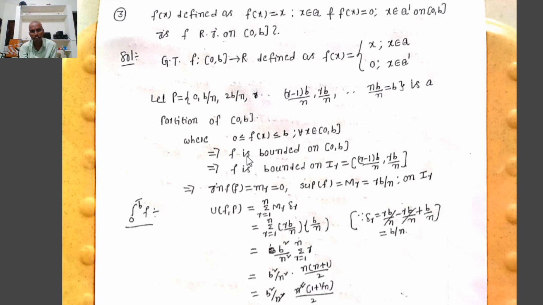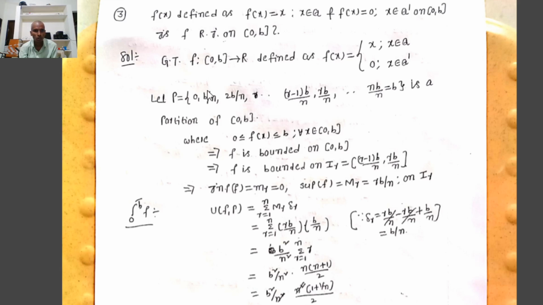The least value is 0, the greatest value is b. That implies all the images of f(x) lie between 0 and b. That implies f must be bounded on the closed interval [0, b].